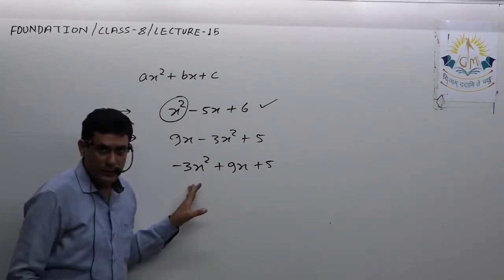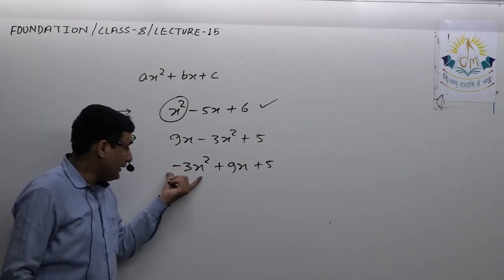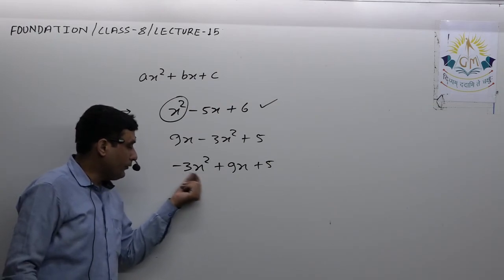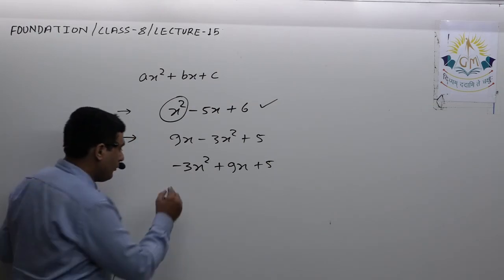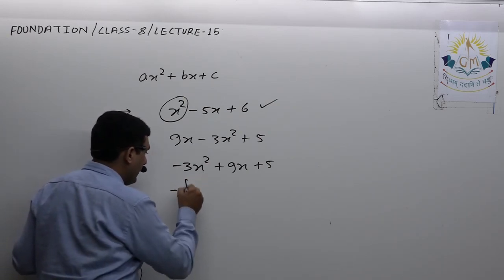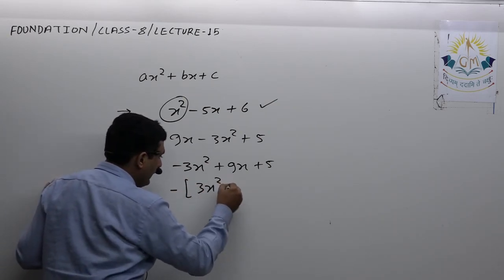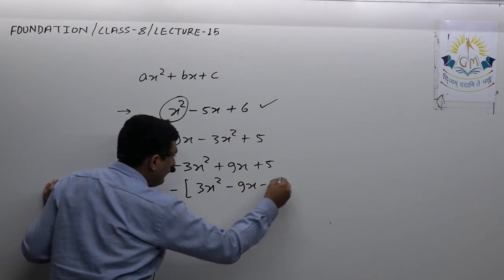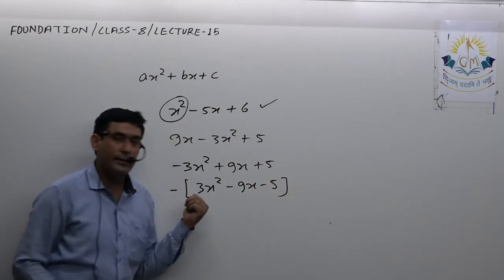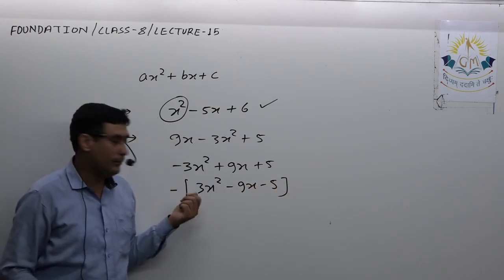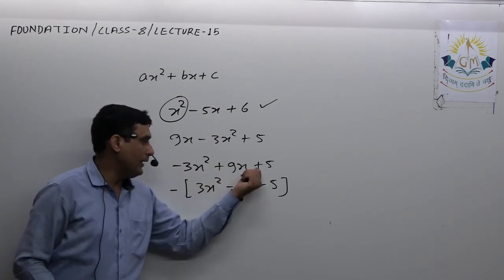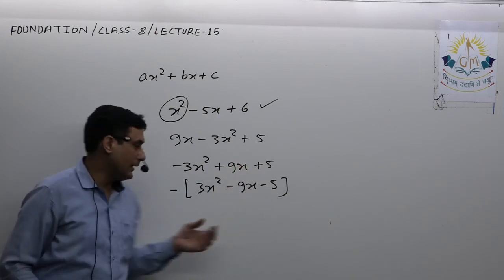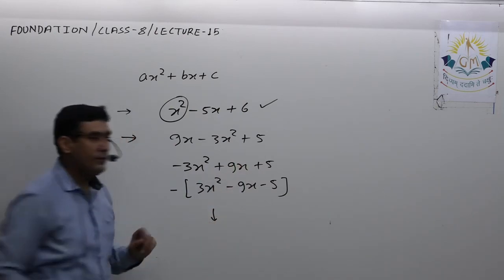Now the second thing I told you, that the coefficient of x square should be positive. Here it is negative. So I will take minus common and write it in this form. As I told you, whenever we take a minus sign common, we interchange the sign of each and every term. This negative becomes positive, this positive becomes negative, as well as this positive becomes negative. And then I will start the factors.